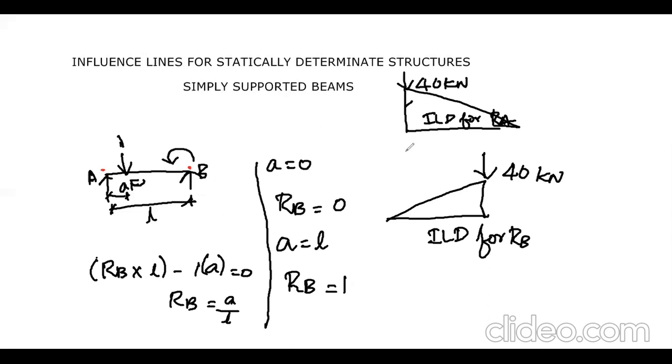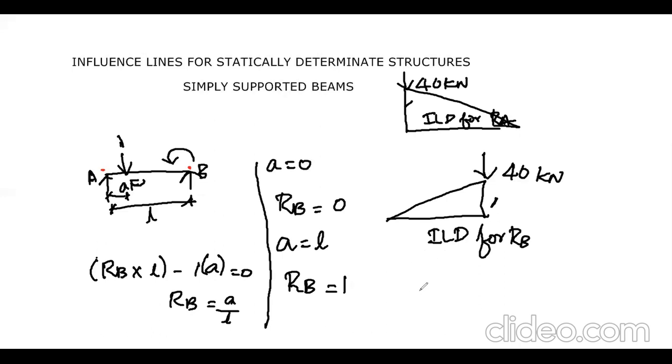How we will be calculating the reaction at this point is we will be multiplying the ordinate where the load is applied and the load we apply. For example, here the ordinate value is 1, and the load applied is 40 kilonewton.